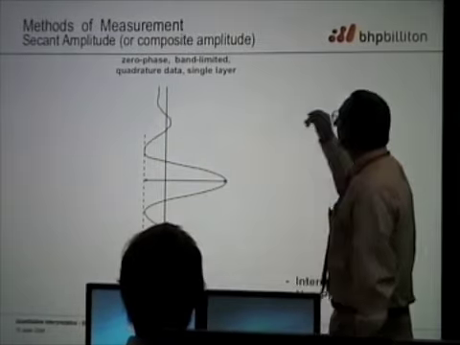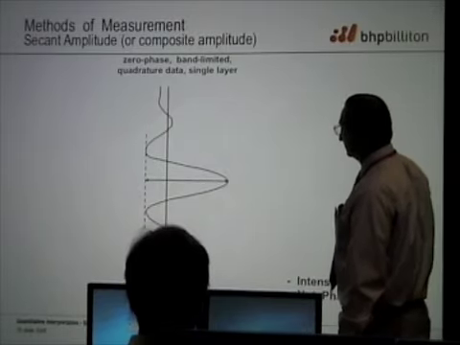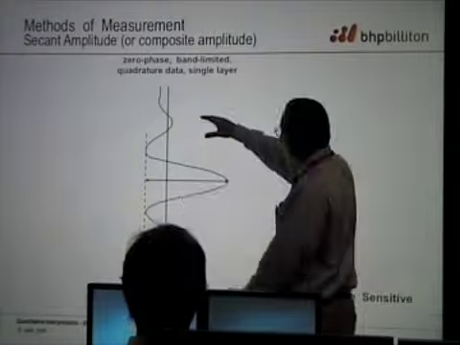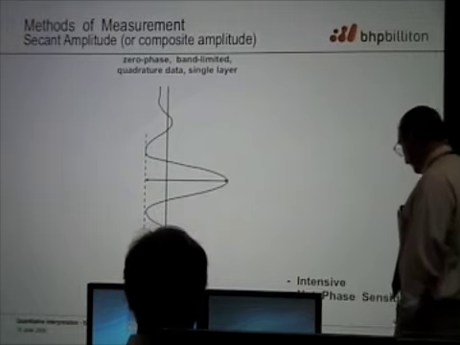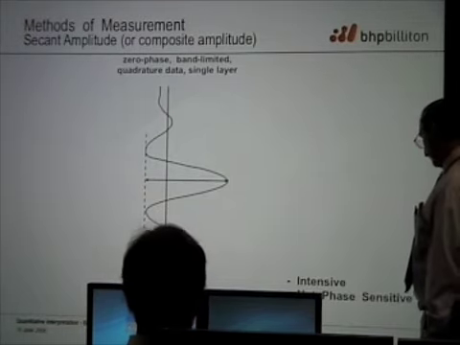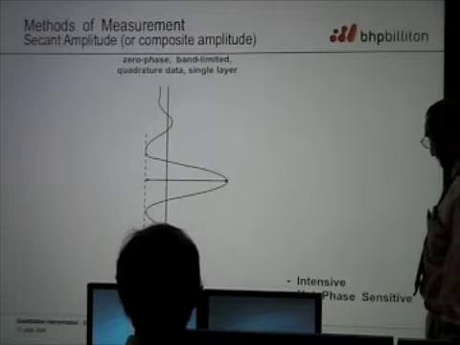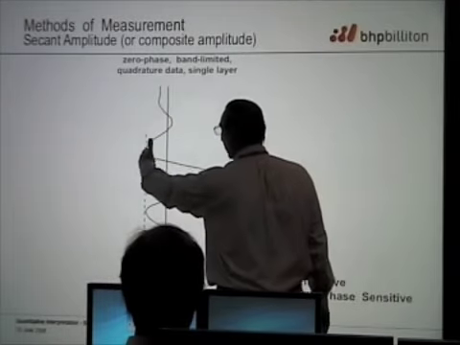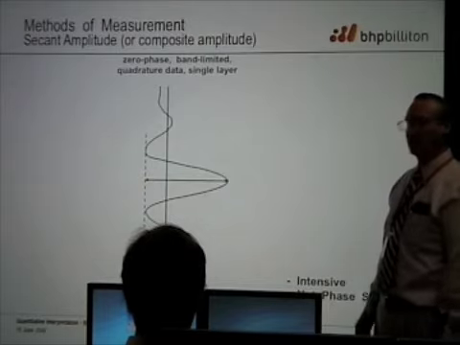The secant, we might call the secant amplitude, is intensive as well. It doesn't depend on something that you chose about the data. It's data dependent only. So everybody will get the same answer, and it is, as Mike pointed out earlier, fairly phase insensitive. There's very mild phase sensitivity if you play around with it, but it's not bad at all.